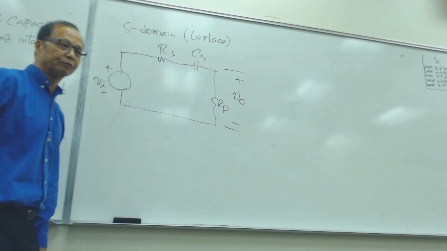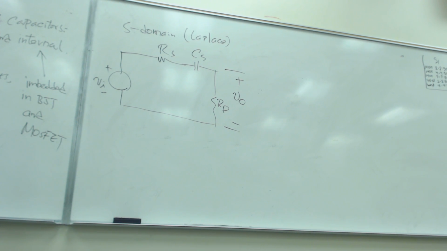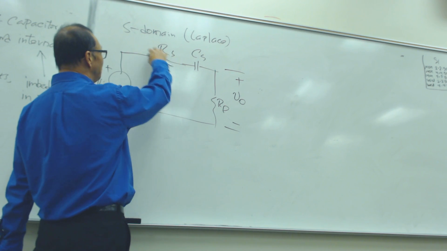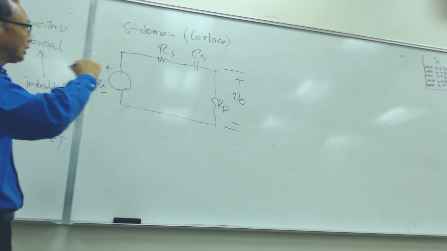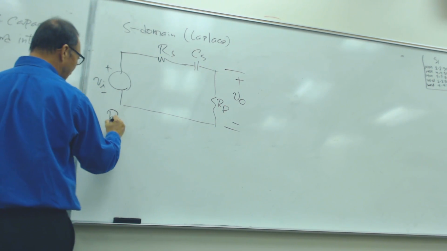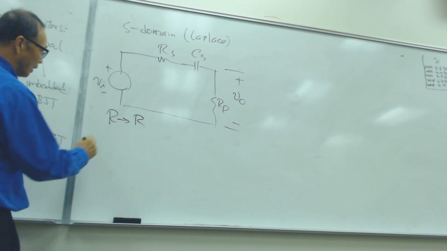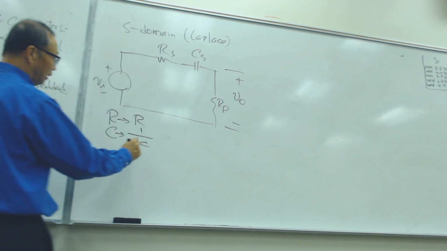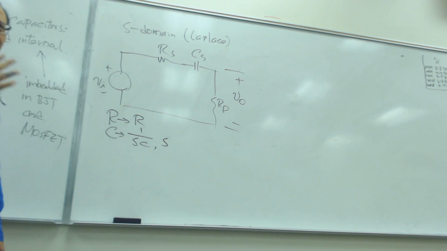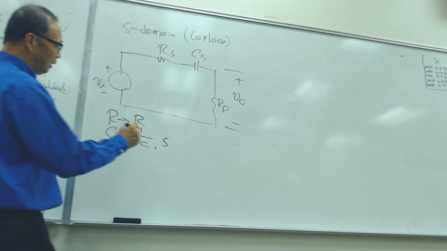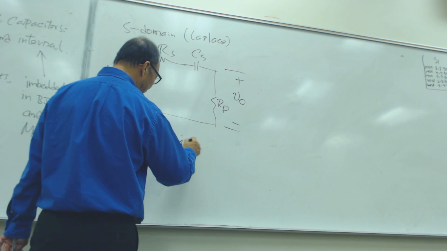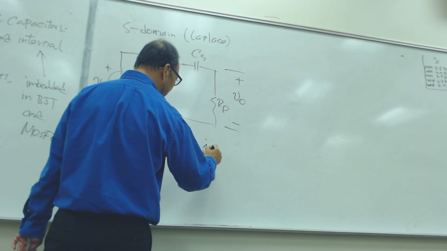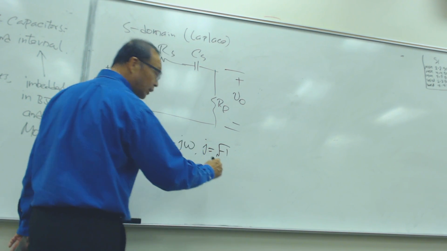Here we're going to talk about the frequency domain. So when you do frequency domain, you need to put the circuit into the S domain. Yes? Okay, S domain means what? R is R, right? There's no change. C becomes what? 1 over SC, right? And S is called the Laplace operator, right? S equals J omega, and you know J is equal to square root of minus 1. Yes?